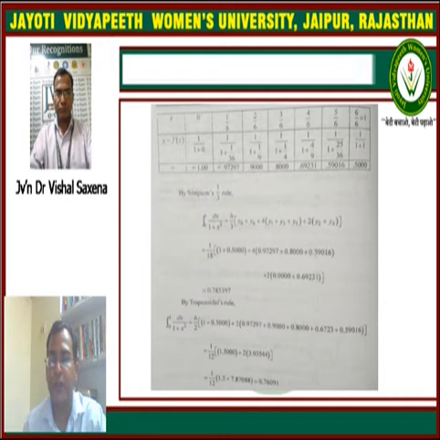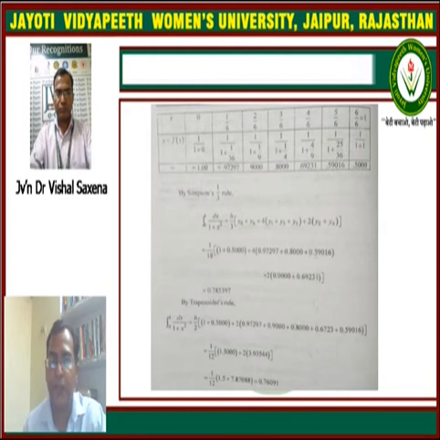So we can assume h is equal to 1/6 in the question, because we are given that the initial limit is 0 and the final limit is 1. So we are taking h as 1/6.